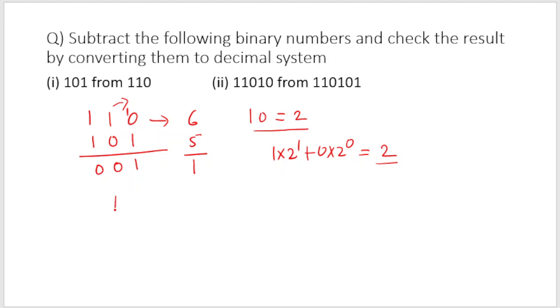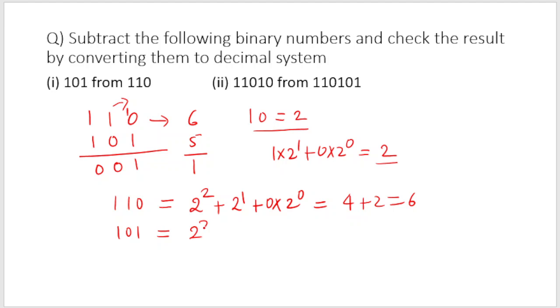Let me repeat it. 110 in the decimal system is 2 to the power 2 plus 2 to the power 1 plus 0 into 2 to the power 0, which is 4 plus 2 equal to 6. And 101 in the decimal system is 2 to the power 2 plus 0 into 2 to the power 1 plus 1 into 2 to the power 0, that is 4 plus 0 plus 1, equal to 5. So 6 minus 5 is equal to 1, and here also you are getting 1. So this is 0, 0, and 1 into 2 to the power 0, that is equal to 1. I hope you are getting it.